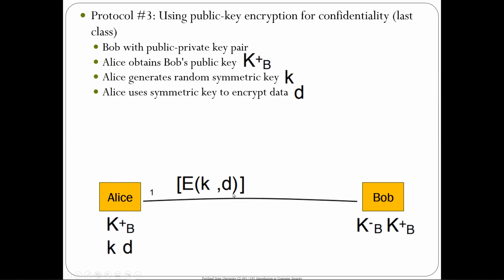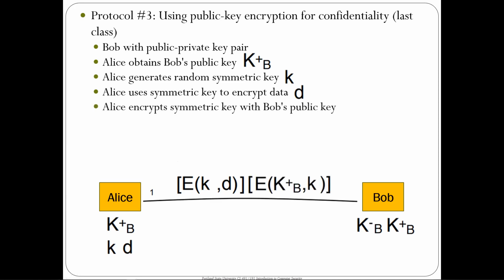Now, Bob doesn't have little k. And so Bob needs to figure out what little k was that Alice used. And so then what Alice does is that she encrypts this symmetric key, little k, with Bob's public key that she has. And then she sends both of these over. And this is what we did last class. Bob will get this payload, and Bob will decrypt first this symmetric key that was encrypted with his public key.